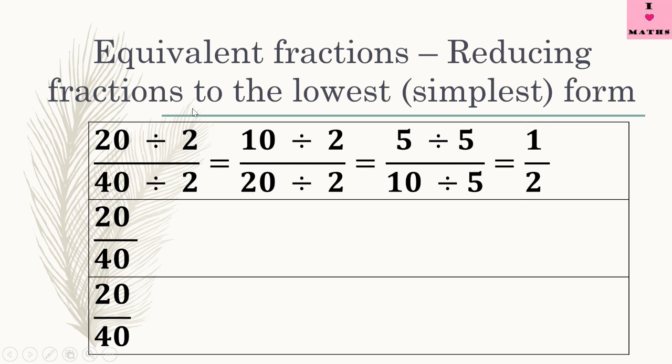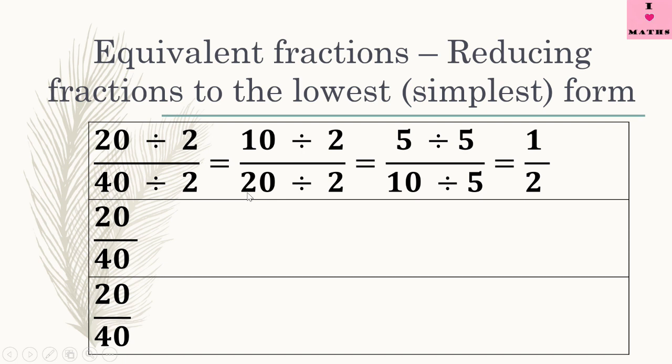Now, if you see carefully, 1 upon 2 is half. It means total parts are 2 out of that one part. Look at this fraction. This also means half, beta. This is total parts are 10 out of that 5. Half of 10 is 5, na? Again, look at this fraction, 10 upon 20.